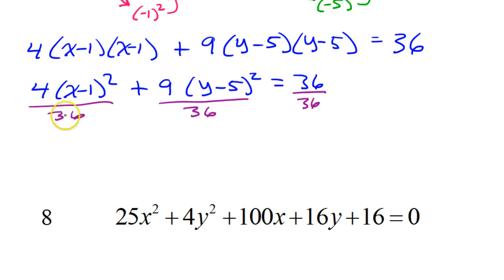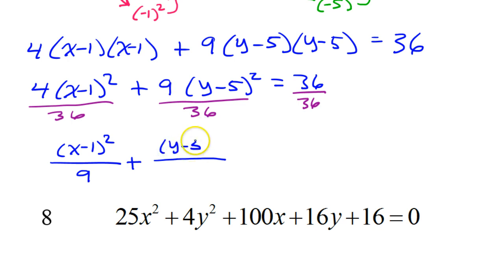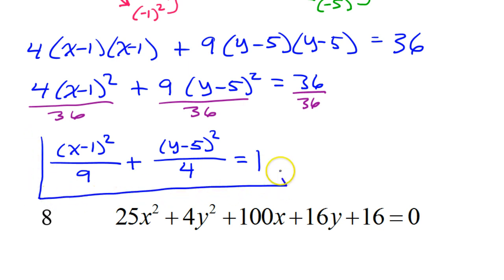Of course, 4 goes into 36 9 times, so I will have x minus 1 squared over 9. 9 goes into 36 4 times, so I will have y minus 5 squared over 4, and equal to 1, just like we wanted. So this is the standard form equation of the ellipse.